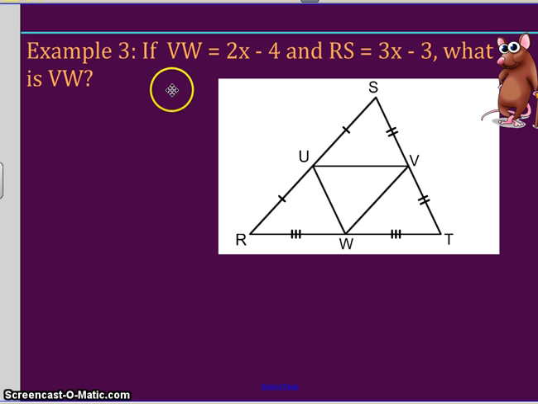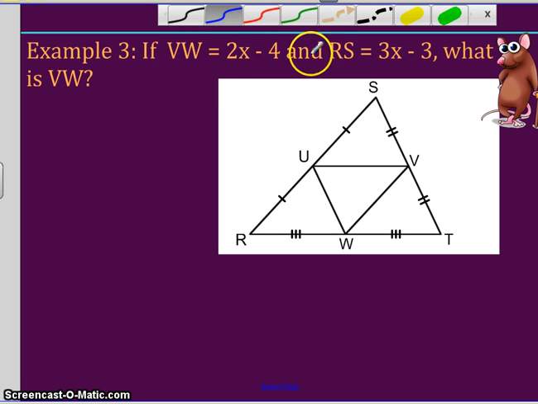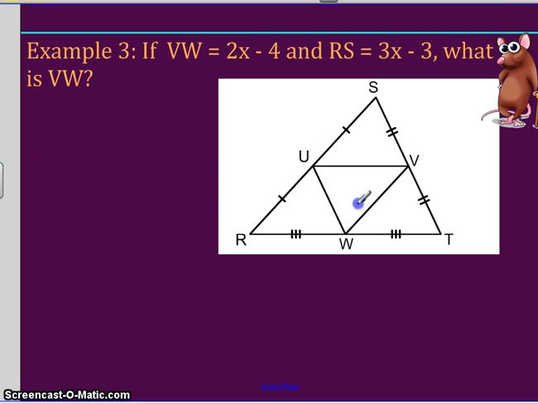It looks like we have one more quick example here. I'm going to go ahead and mark these in the diagram here. So we got VW, this one right here is 2x minus 4, and then we got RS, this long length here, which looks like it's going to be our third side, is 3x minus 3.